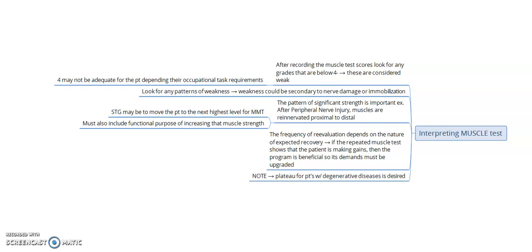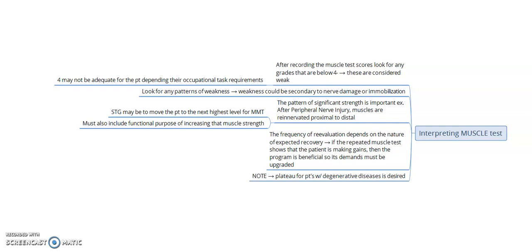After recording the muscle test scores, look for anything that's below a 4 because this is considered weak. If you have a grade 4 muscle, you might not be able to meet your occupational task requirements. And weakness could be secondary to nerve damage or immobilization, so you want to look and see if there's any patterns.